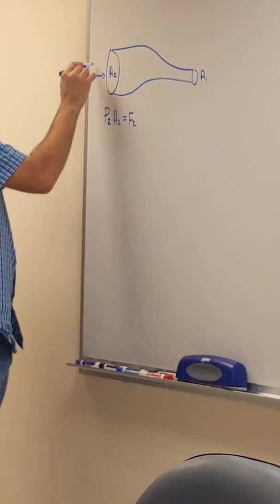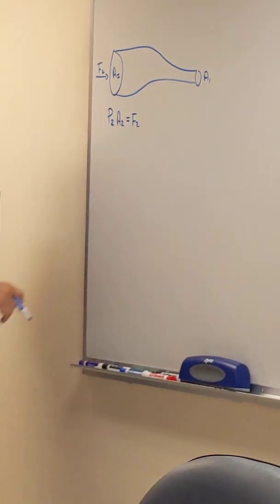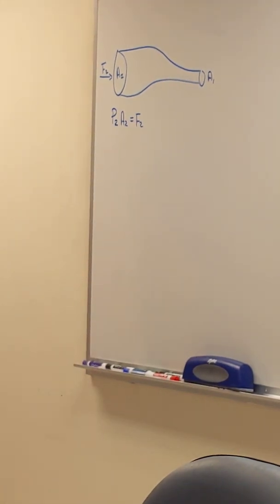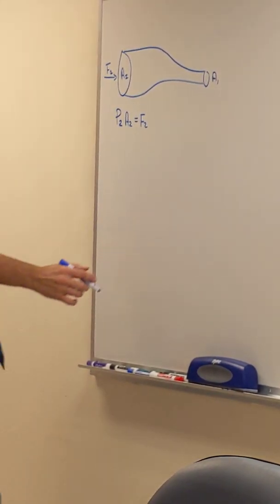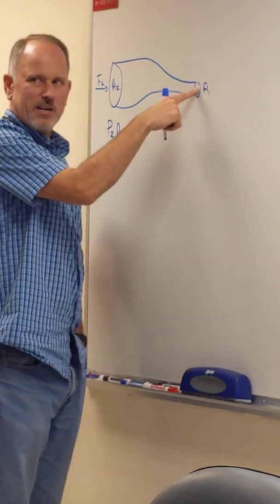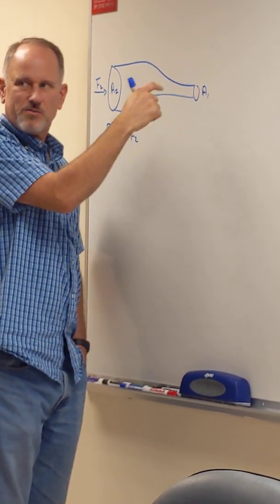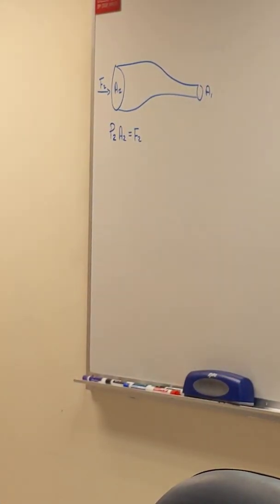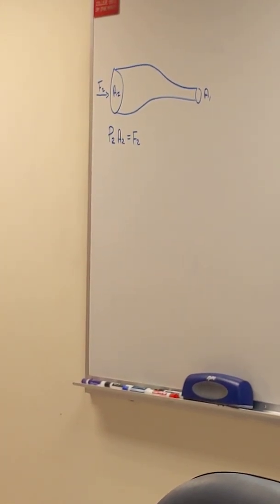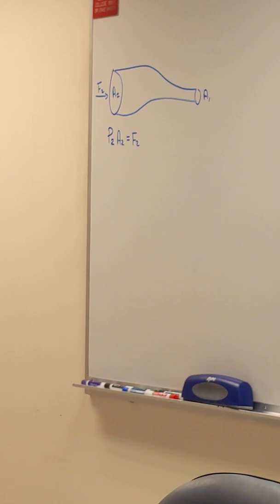Wouldn't that be the force over here? Yes. And there's a force here on this end, sort of resisting, if you will, the flow of water going the other direction.